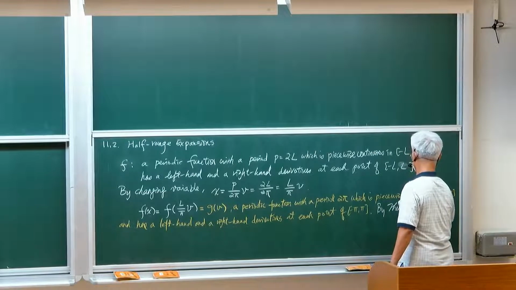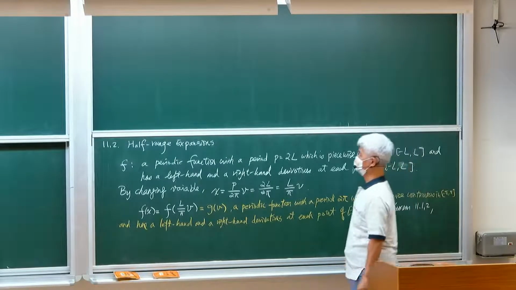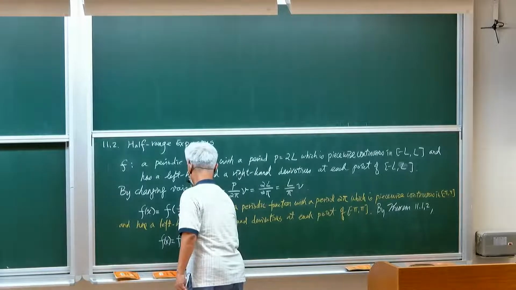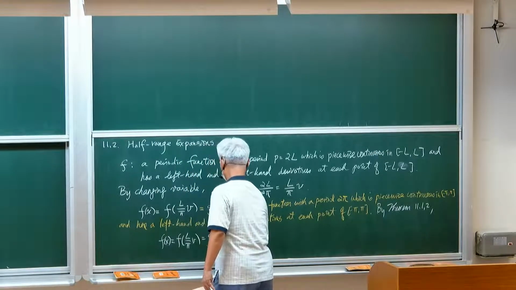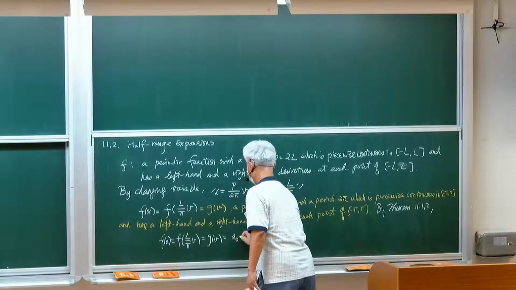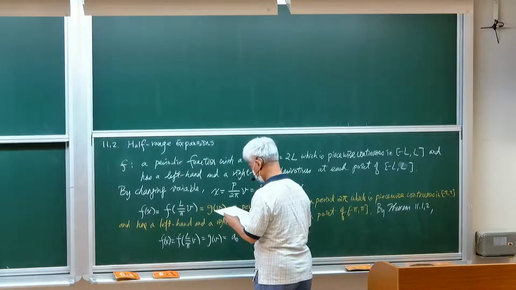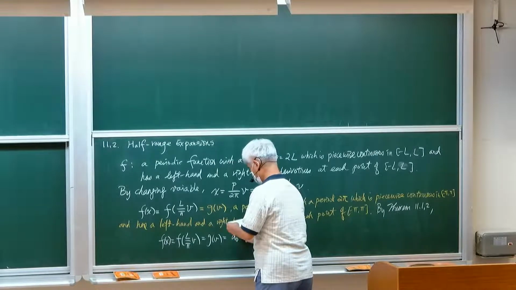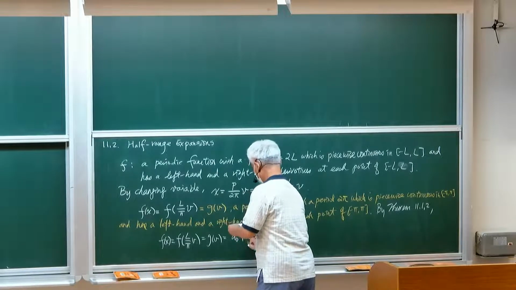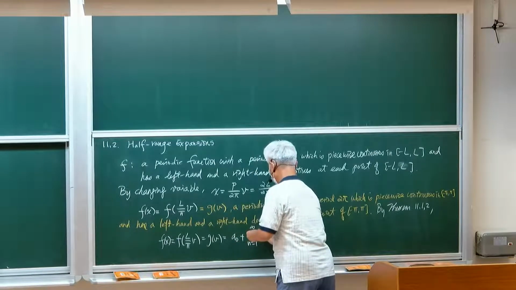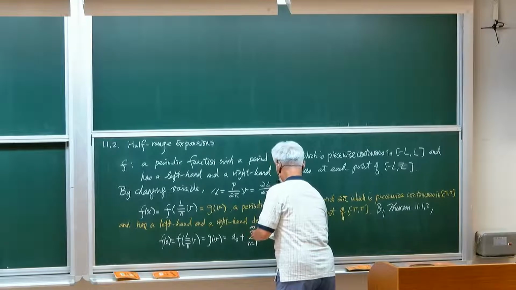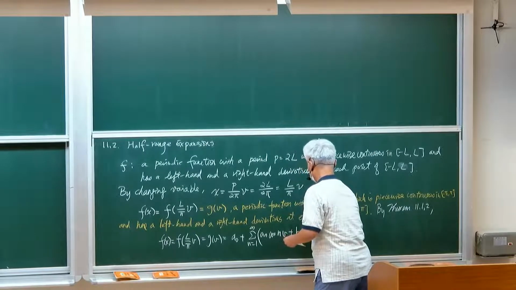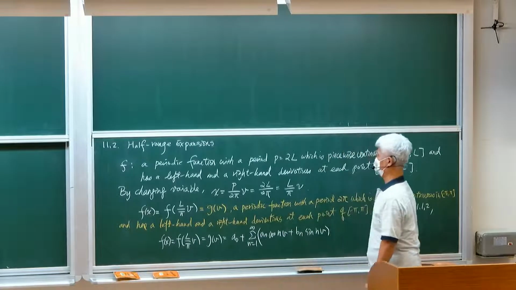And so now by theorem 11.1.2, now we have, okay, so we have A0 plus summation n from 1 to infinity of an cosine nv, okay, plus bn sine nv, okay.